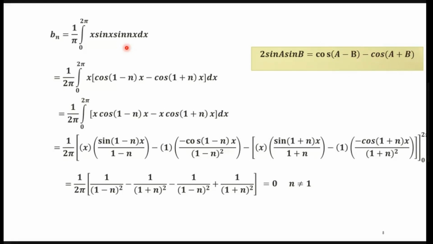Some steps maybe you can skip, like if you feel that you can do it in mind, you can do that. Otherwise, B1 में n के बदले 1 पुट करना है, तो I will get x sin x into sin x dx.